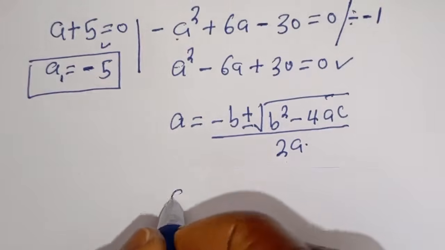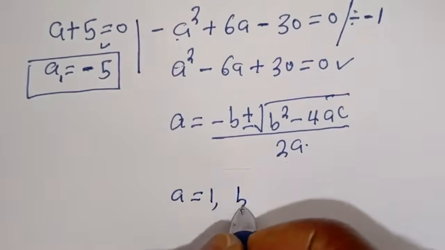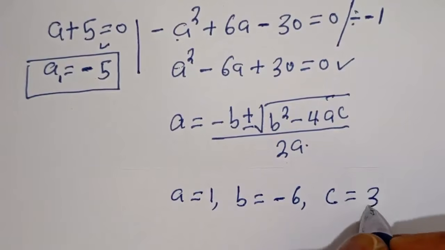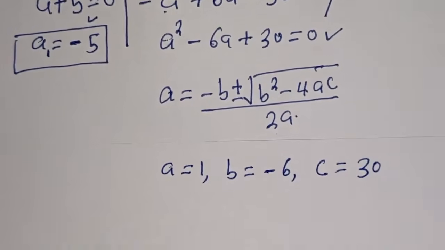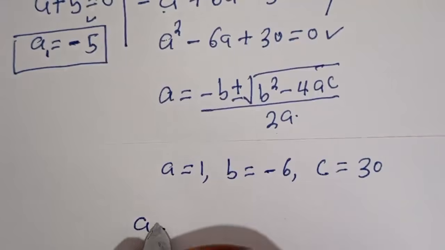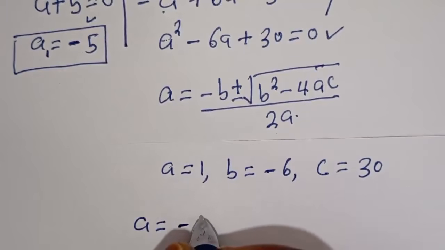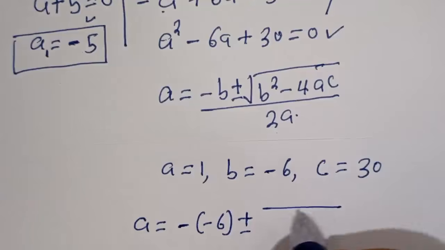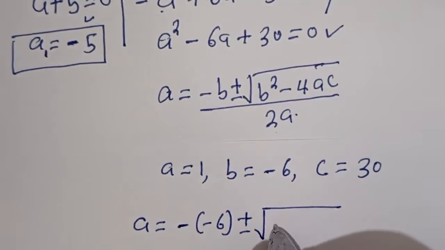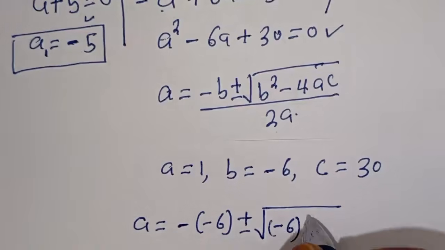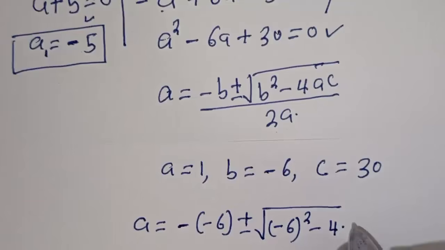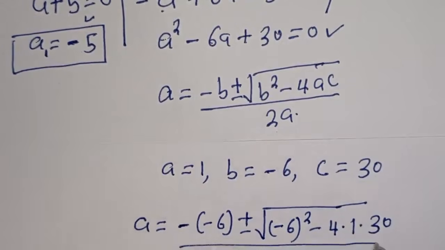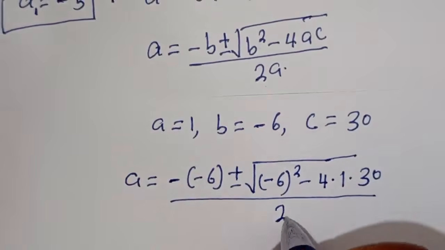Then where a is equal to 1, b is equal to minus 6, and c is equal to 30. Then here we have a is equal to minus bracket minus 6 plus or minus square root of minus 6 all squared minus 4 multiplied by 1 multiplied by 30, divided by 2 multiplied by 1.